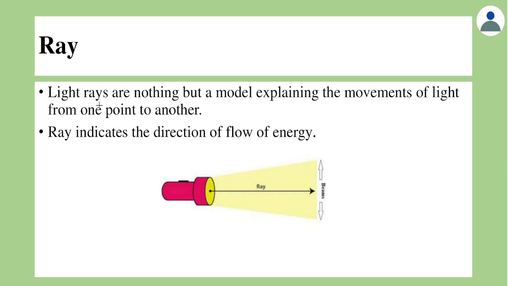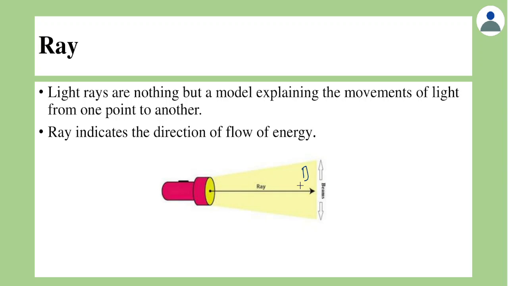As given here, light rays are nothing but a model explaining the movement of light from one point to another point. Example, imagine there's a window here. In this case, you can just draw a ray to represent the movement of light.